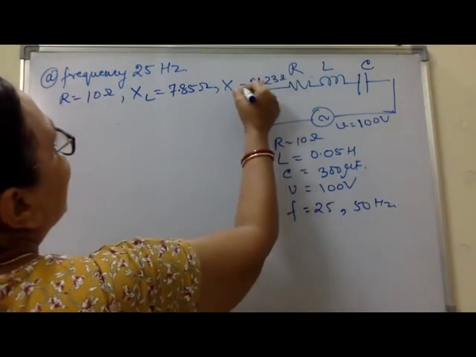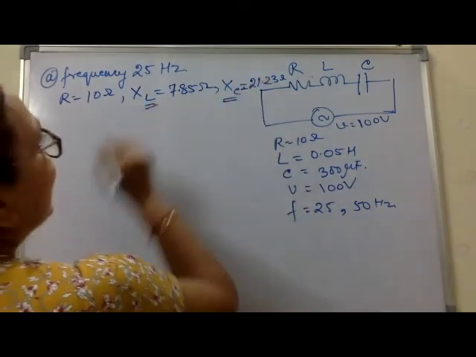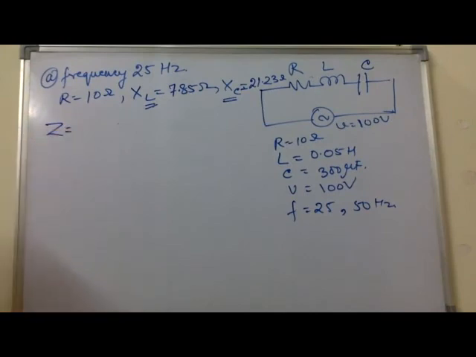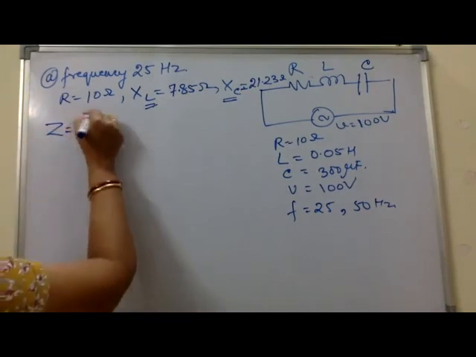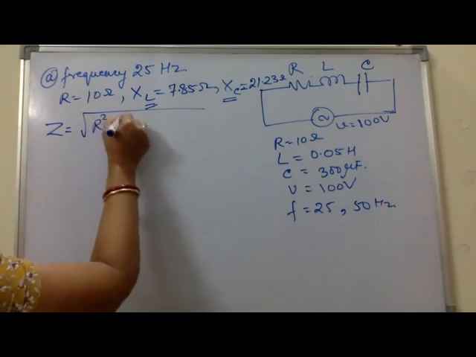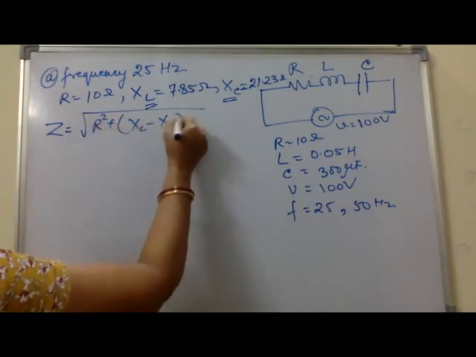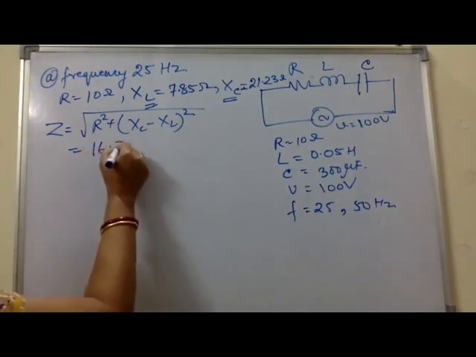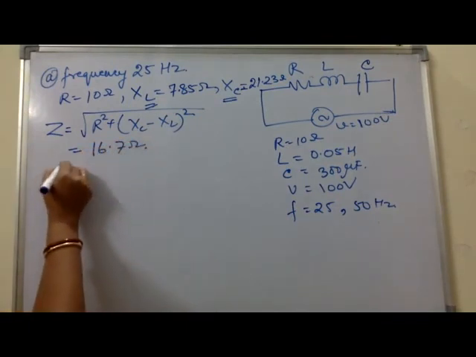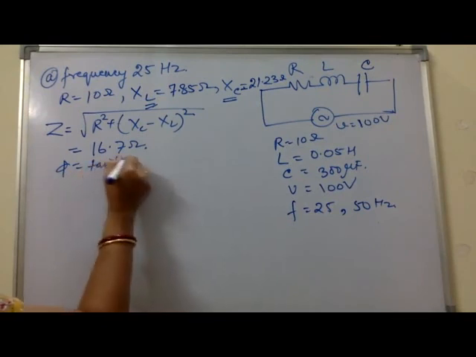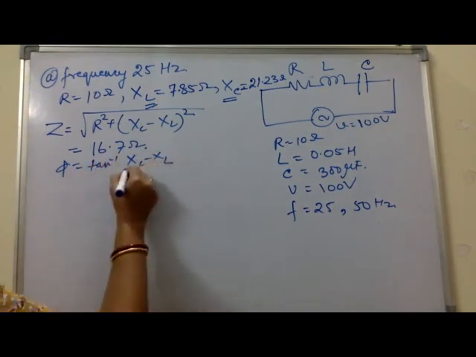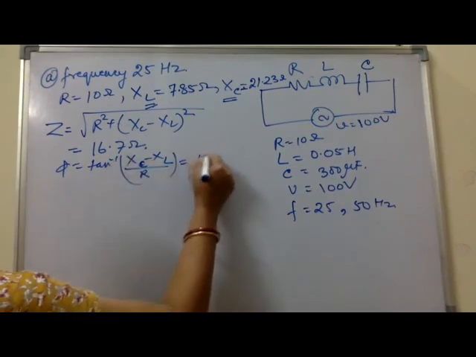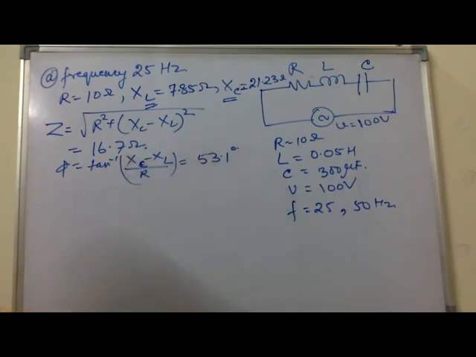Now over here, we see the XC value is greater than XL. Therefore, your final impedance of the circuit will be under root of R square plus XC minus XL whole square, and this comes out to be 16.7 ohms. Phi is tan inverse of XC minus XL by R, and this comes out to be 53.1 degrees.